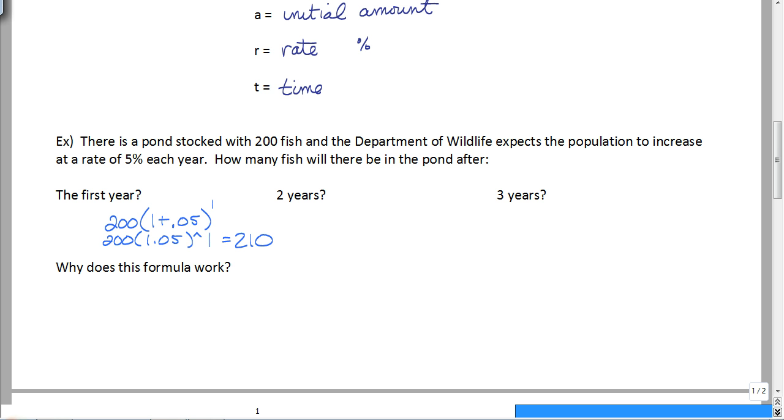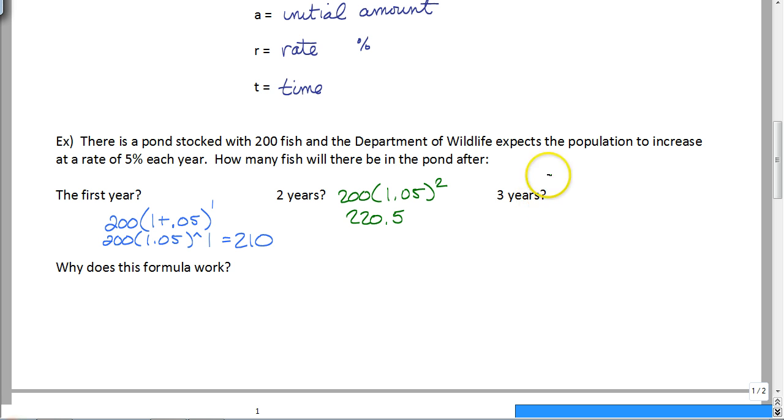But what happens when you get to 2 years? That's going to be 200 fish, still times the 1.05, but this time we're going to raise it to the second power, which is not going to be 220. If you type it in the graphing calculator, it's going to give you 220.5 fish. And that's because the formula works in a different kind of way.